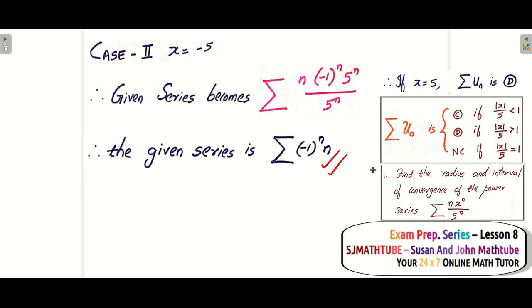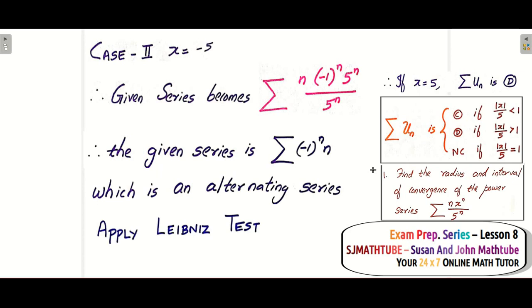And in that playlist, you'll find Leibniz test. First study that, and then you can continue with this. Okay, let's proceed. So this is an alternating series, and to test alternating series in your syllabus, you have only one test. That means you're going to apply Leibniz test.